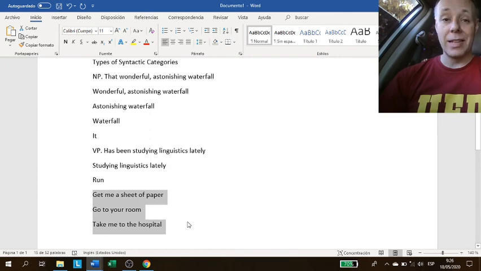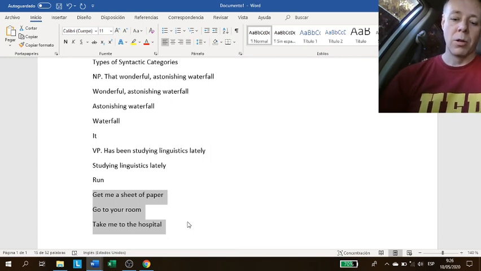These are sentences. These are full imperative sentences. So, whenever it has to do with imperative sentences, do not mix them, do not confuse them. Imperative sentences are not the same as syntactic categories, as verb phrases. Okay? So, careful with that.